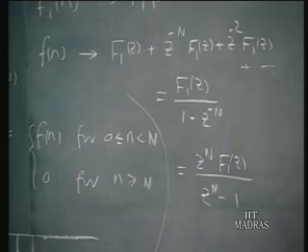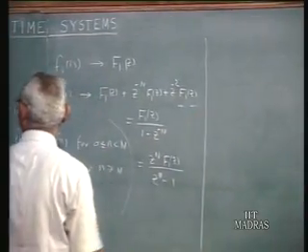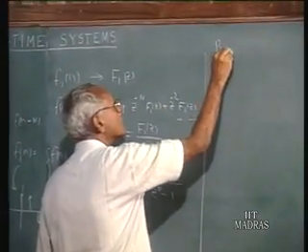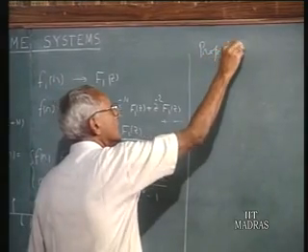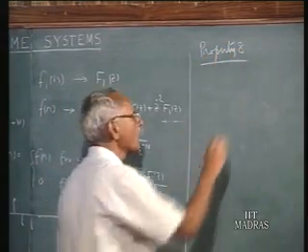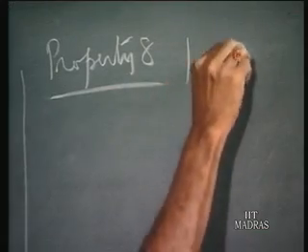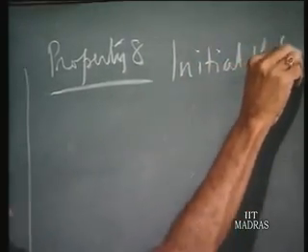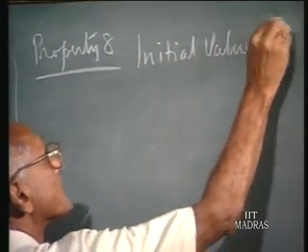The next property that we would like to consider is the initial value theorem, which is the counterpart of what we had in the continuous time system.